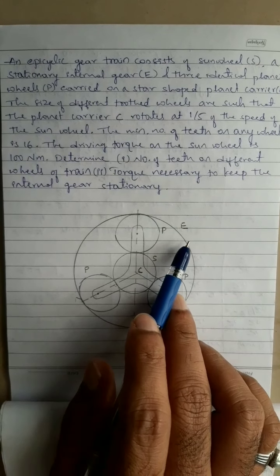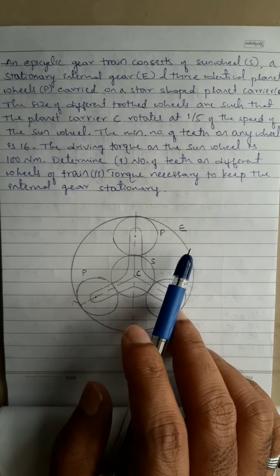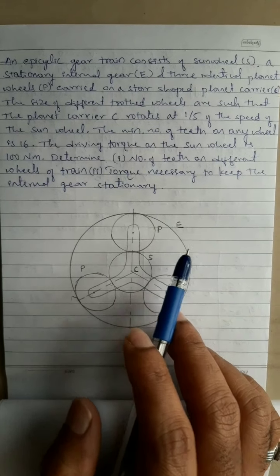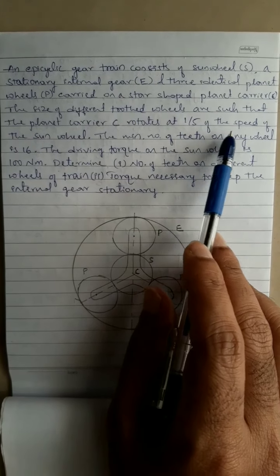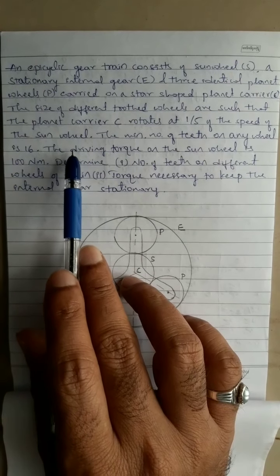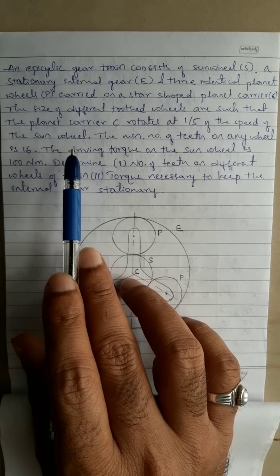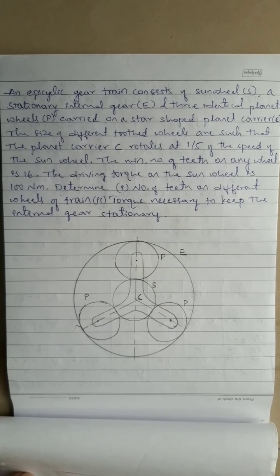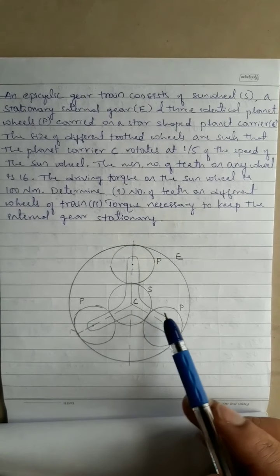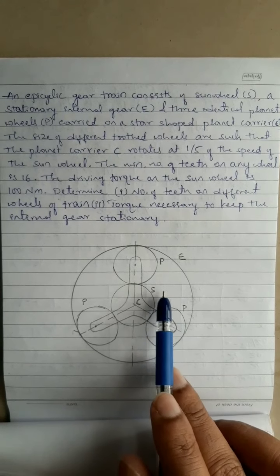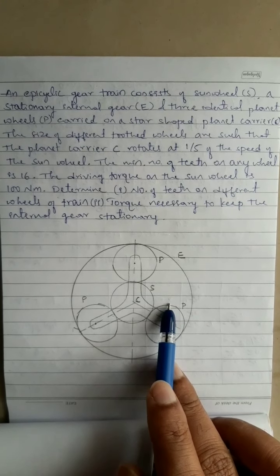So this is the gear train arrangement according to the given question, and it is said that the planet carrier C rotates at 1/5 of the speed of the sun wheel. That is, for every 5 revolutions of the sun wheel, the planet carrier will rotate 1 revolution.